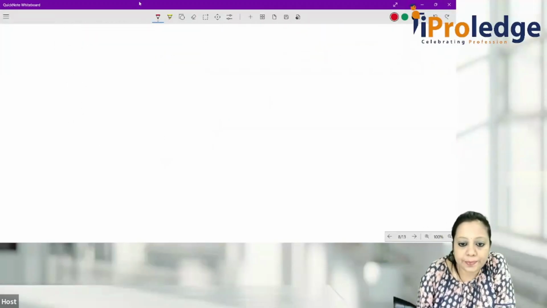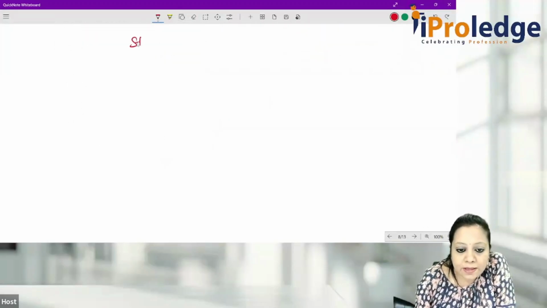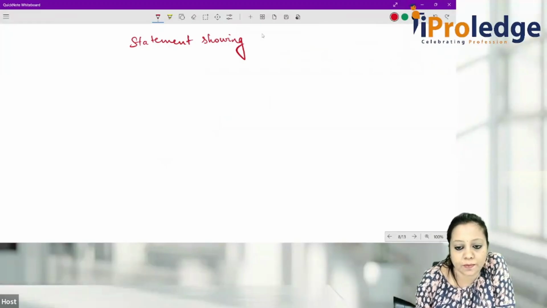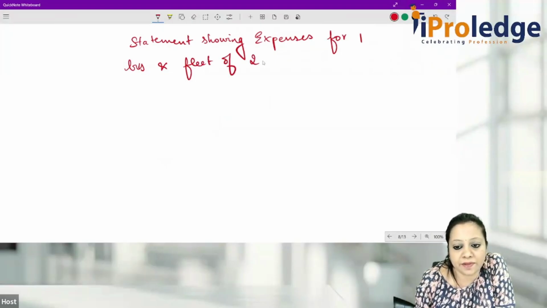Statement showing expenses for one bus and fleet of 25 buses.